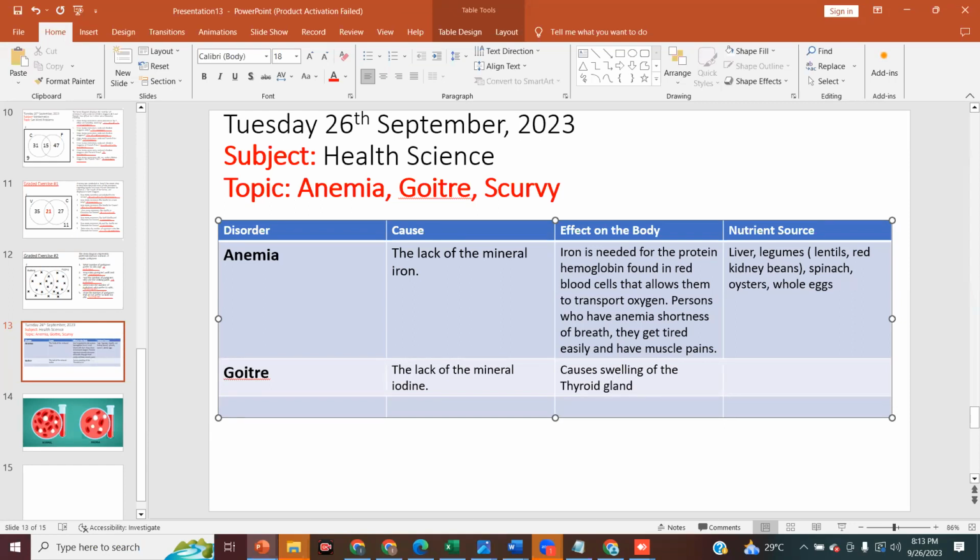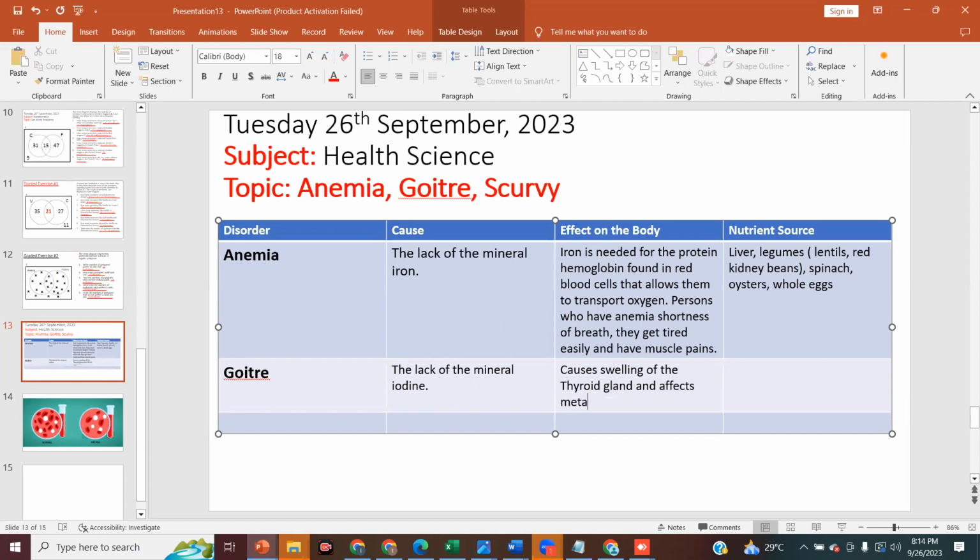So if someone takes a spoonful of salt right now and keeps doing it throughout their life, wouldn't they develop high blood pressure? Wouldn't goiter be something like high blood pressure? No. Goiter is not like high blood pressure. Definitely salt can cause high blood pressure, but goiter is not high blood pressure.